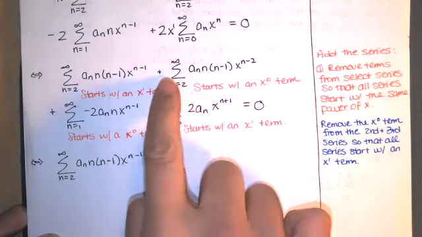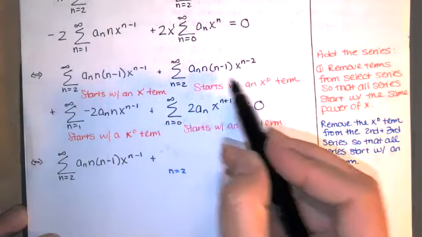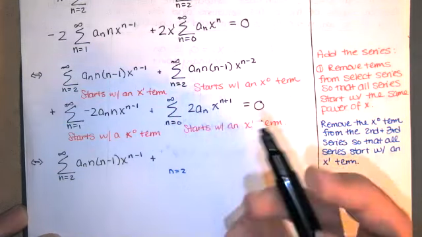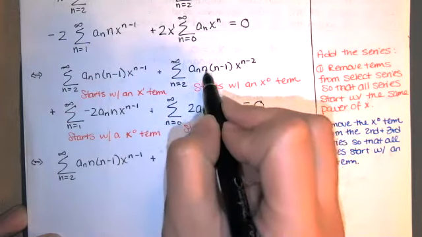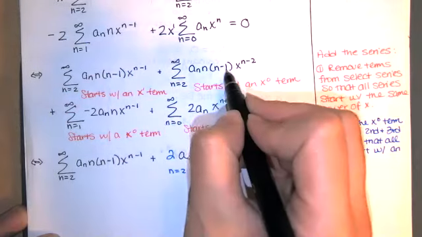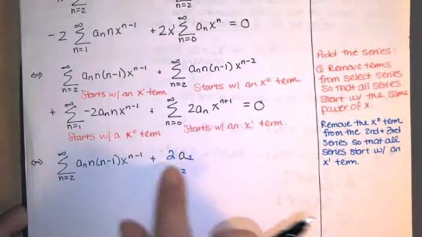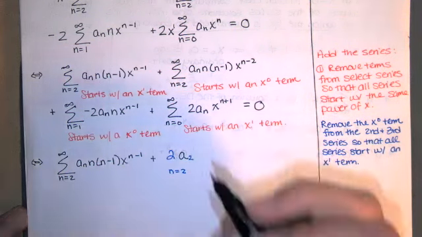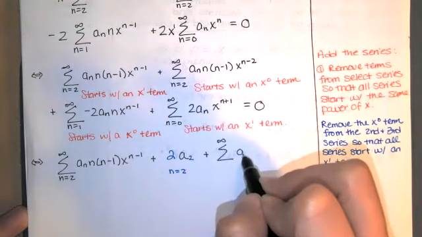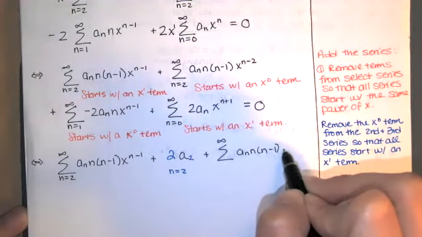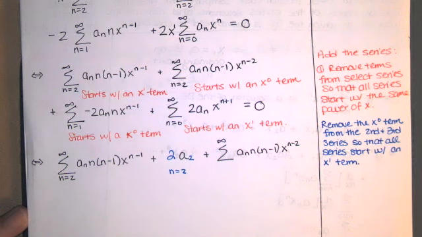Instead of adding that whole series, let's remove the n equals 2 term, which is a sub 2 times 2 minus 1, which is 1, times x to the 2 minus 2, which is x to the 0. So that's our constant term. And then the rest of the series is going to look exactly the same, but you're going to pick up where you left off. That's the n equals 2 term. The rest of the series starts with n equals 3.